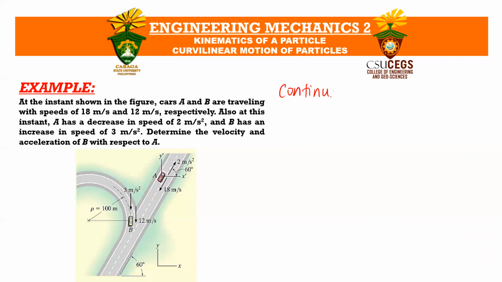So just a continuation. For the acceleration, the same thing. If we use the equation from the velocity, which is v sub B is equal to v sub A plus v sub B with respect to A, we will differentiate each term with respect to time, or determine the time derivatives.